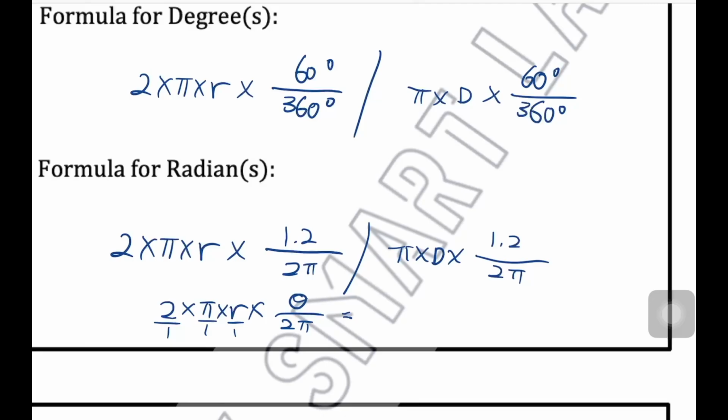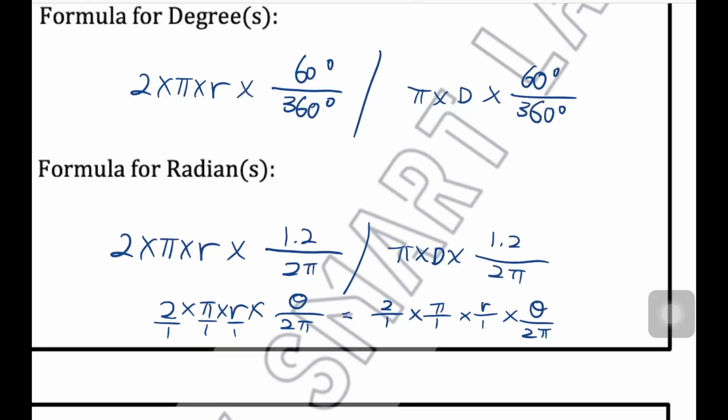Then your equation changes to 2 over 1 times pi over 1 times r over 1 times theta over 2 pi. For fractions, whatever is on top and whatever is below, I can cancel away. Then you get r theta left on top.